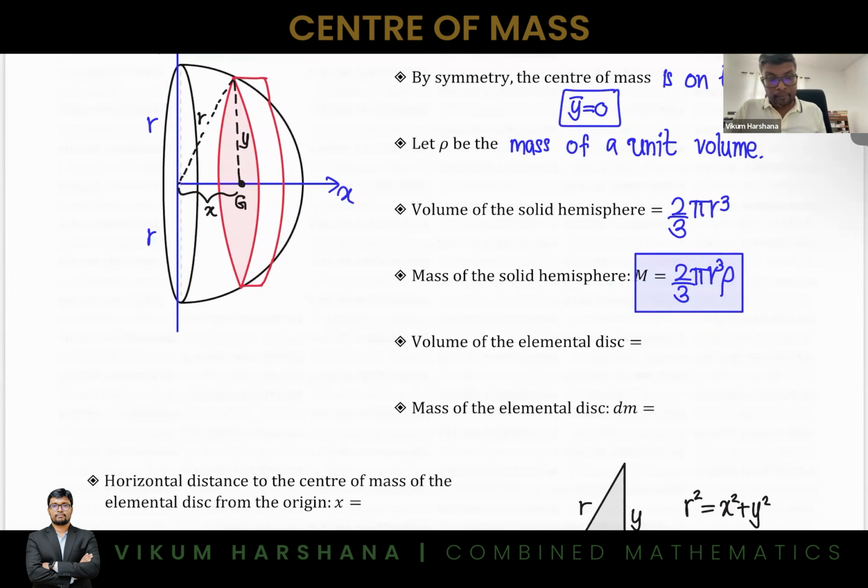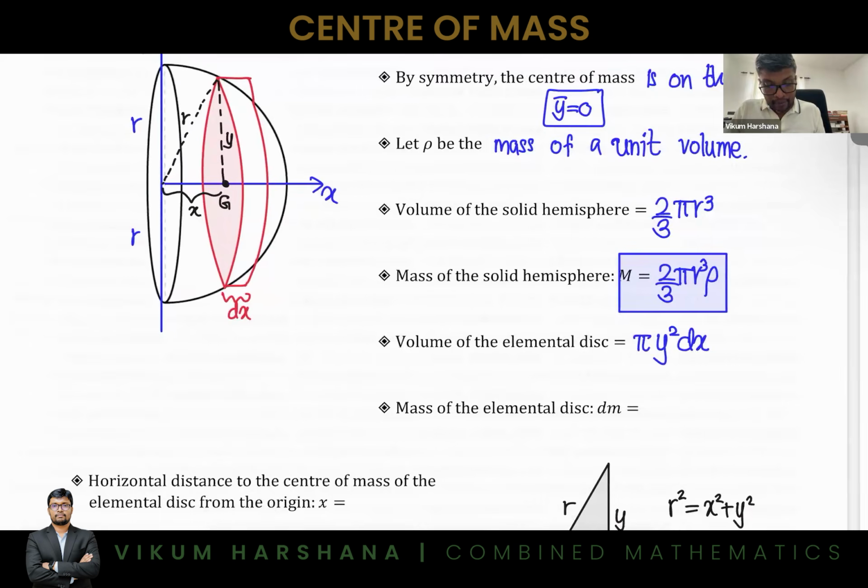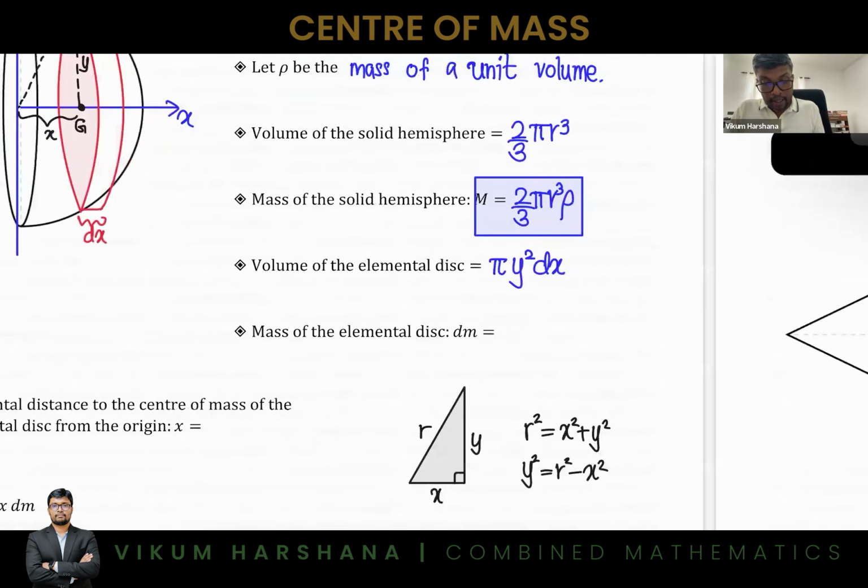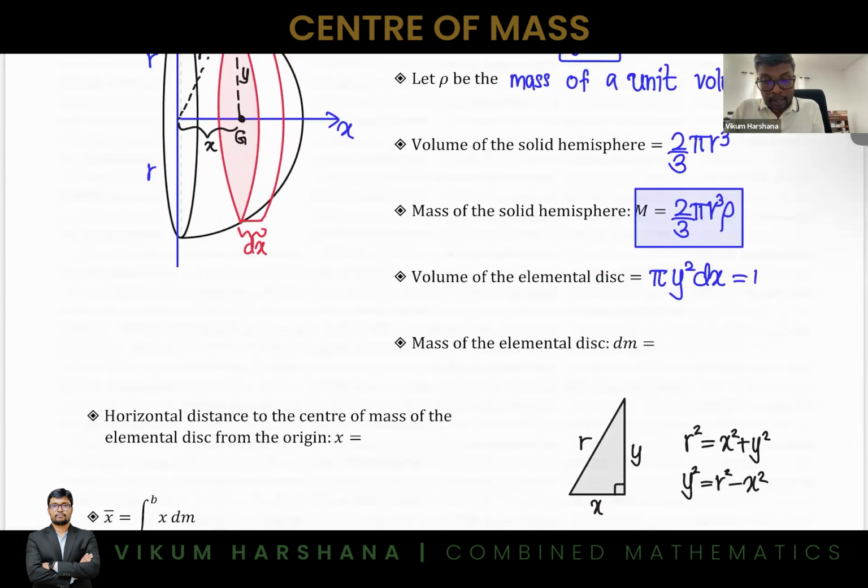Okay, now let's design the volume of the elemental disk. It's a cylinder again. Now this is going to be dx again. So the volume of a disk is pi y squared dx. Now we know y squared, right? Yes, we found y squared earlier. So now let's substitute that.